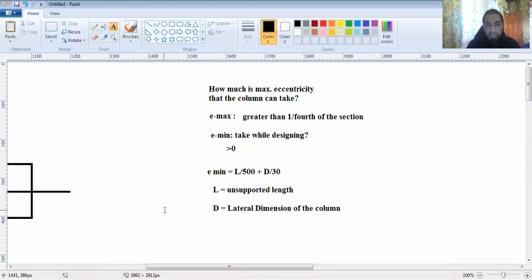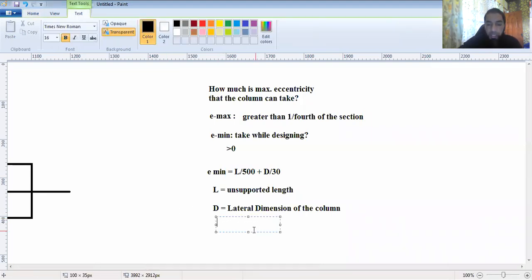So your minimum eccentricity depends upon L, the unsupported length, and D, the lateral dimension of the column. But it should be greater than 20 mm.